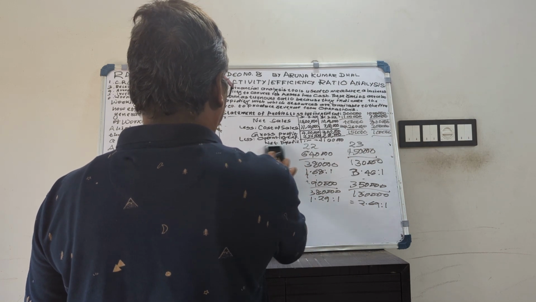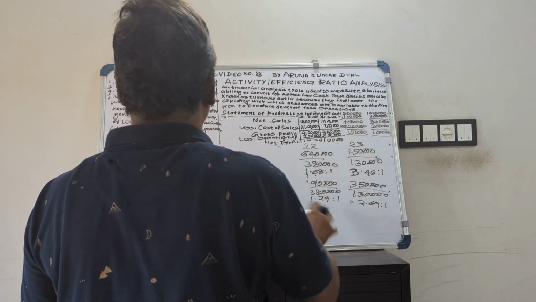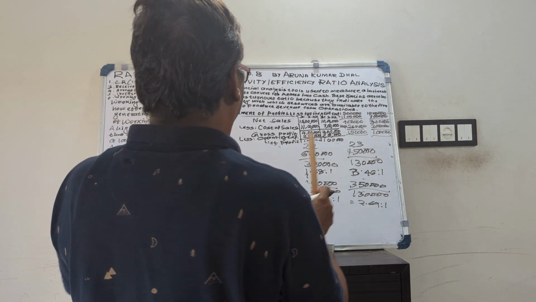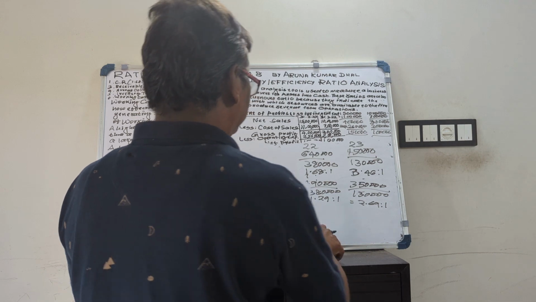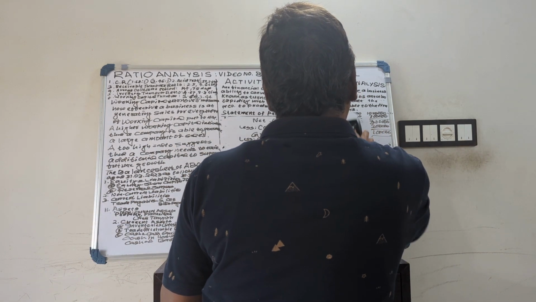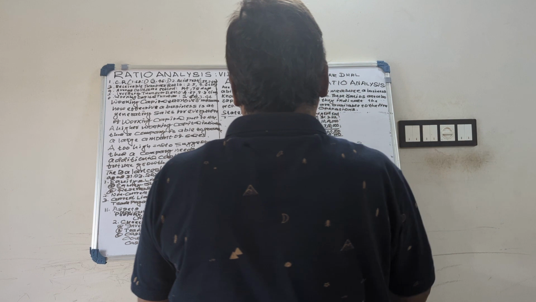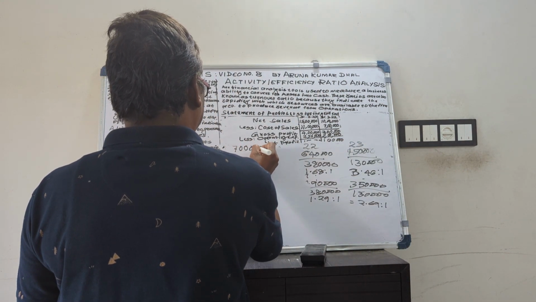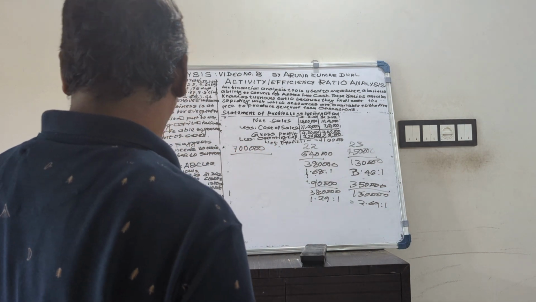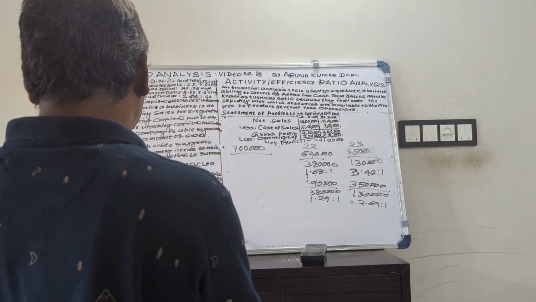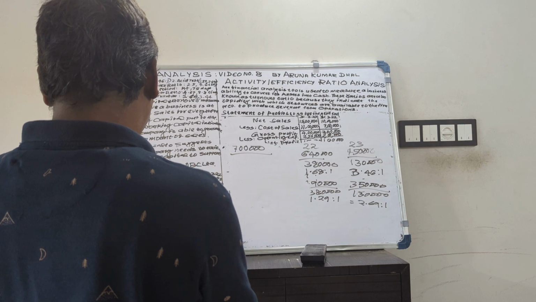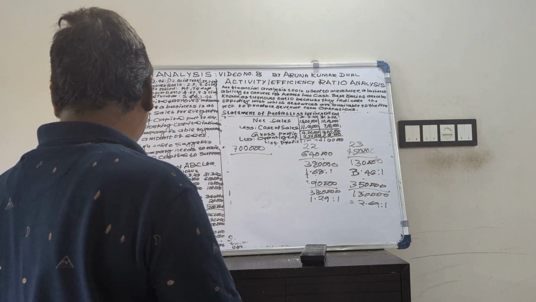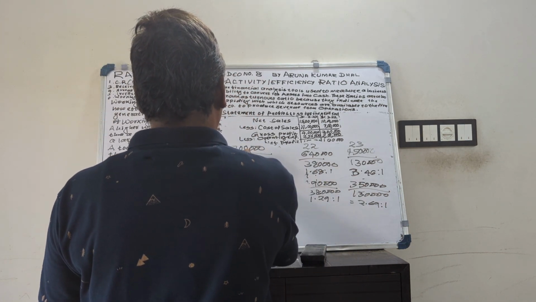The receivable turnover ratio: we will take into consideration the cost of sales. So cost of sales in 2022 is 7 lakh divided by receivables, and receivables include sundry debtors plus bills receivable, it is 4 lakh. So receivable is 4 lakh in 2022.